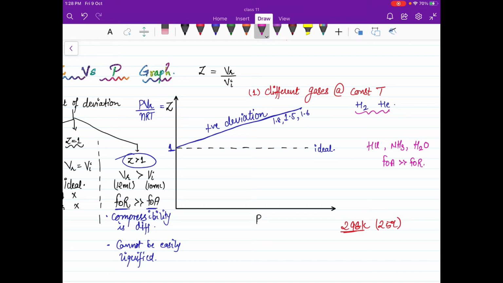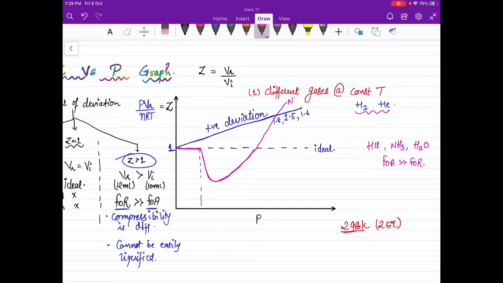So in the polar gases, what he saw was that up till low pressure conditions the gas was following the ideal behavior, and after a certain pressure increase there was a negative deviation of the gas.